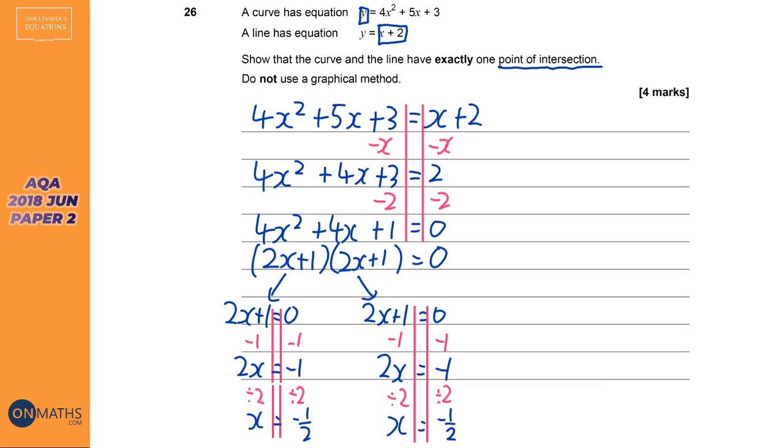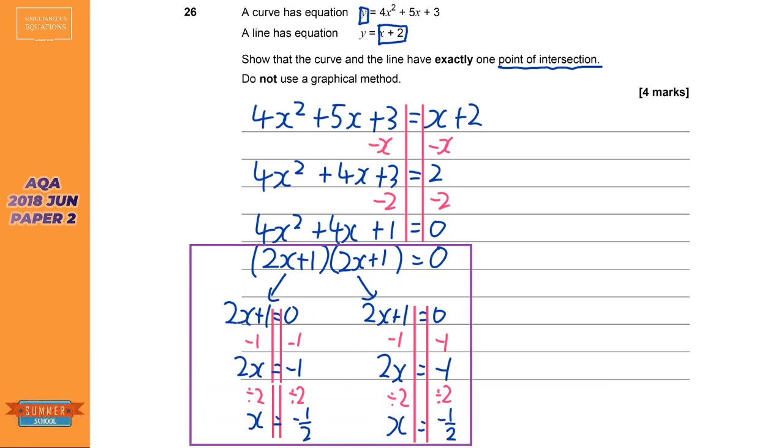The cleverer way of doing it is, and I'm going to put a box around this because we didn't need to do all this work. The other way of solving a quadratic, except for factorizing, is by using the quadratic formula.